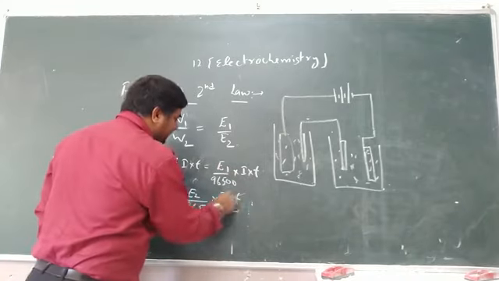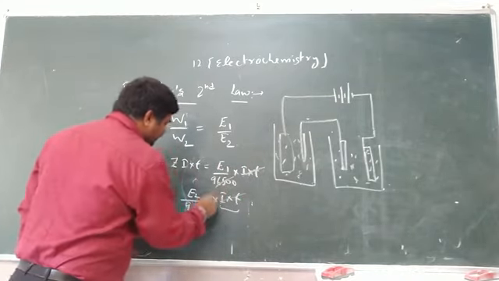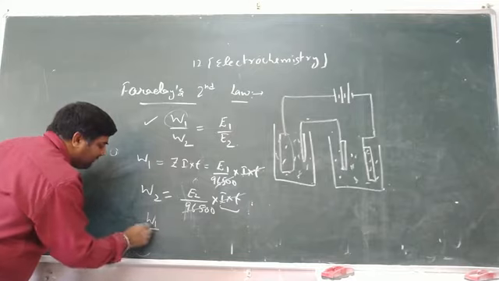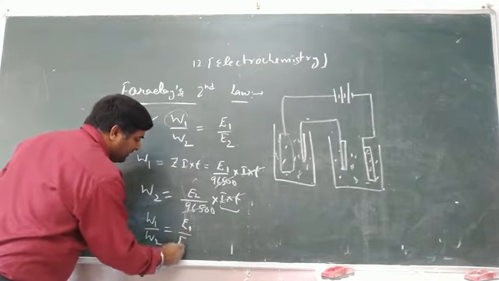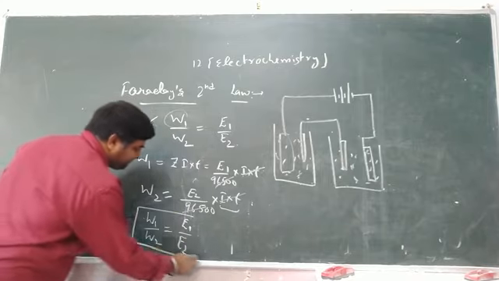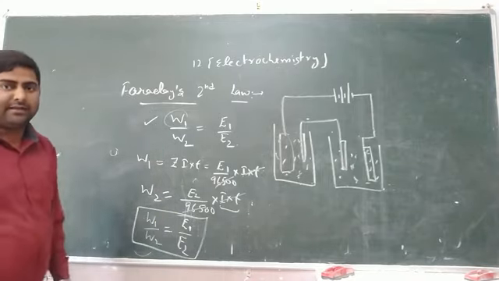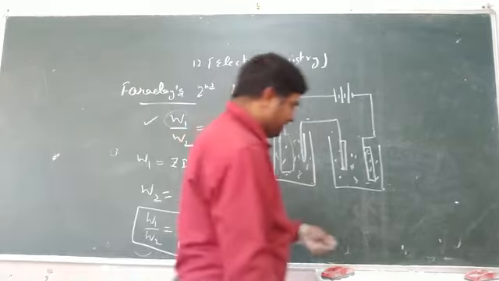So when we divide, this cancels. So W1 upon W2 equals E1 upon E2. This is Faraday's second law.